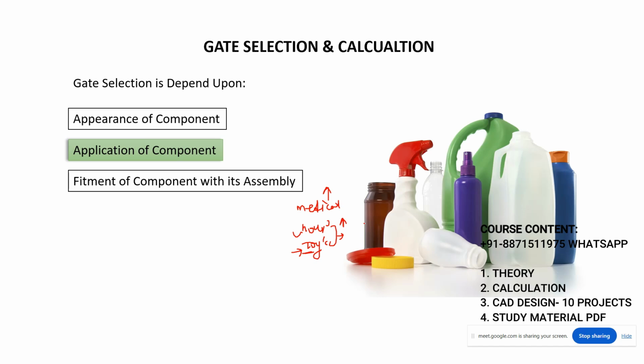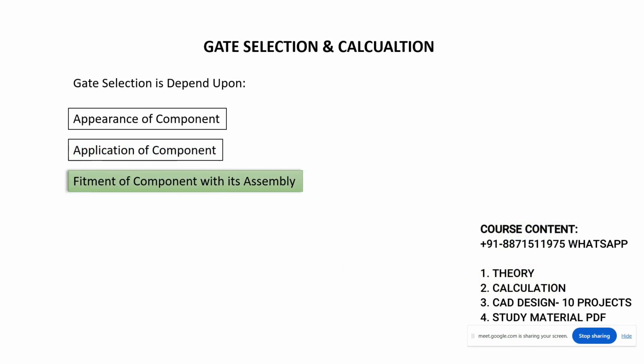And depending upon that particular application, we have to do the gate selection, right or wrong? Understood or not? Yes, sir. So depending upon the uses, where the component is used, okay. Now fitment of the component with its assembly.